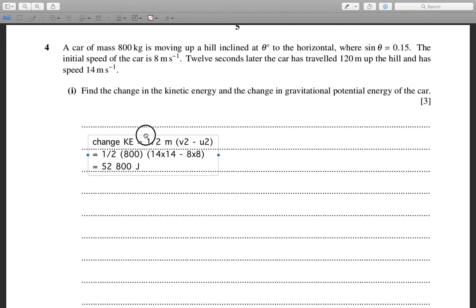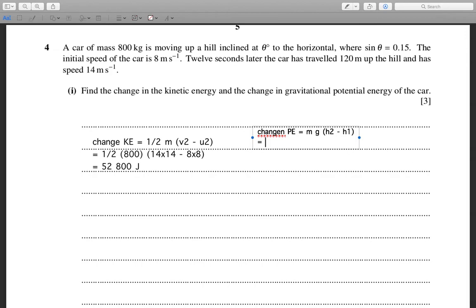How about the change in potential energy? This is mg times h2 minus h1.